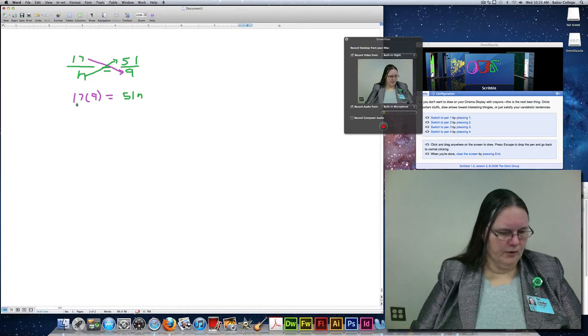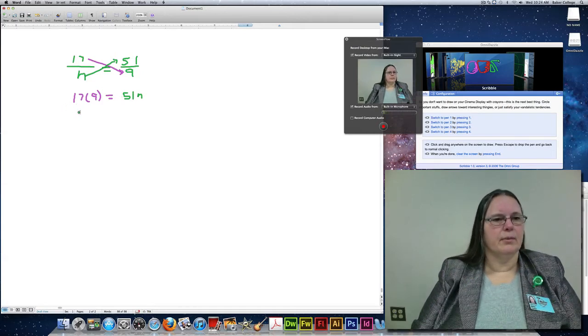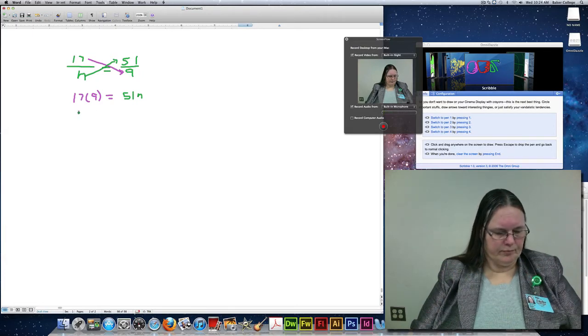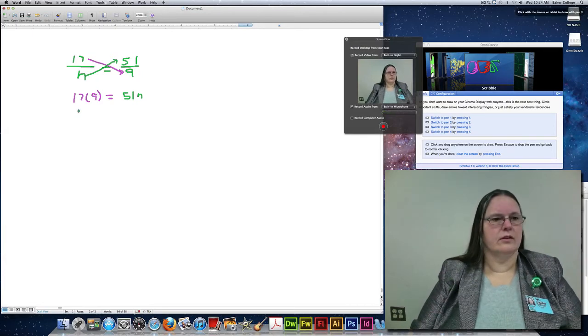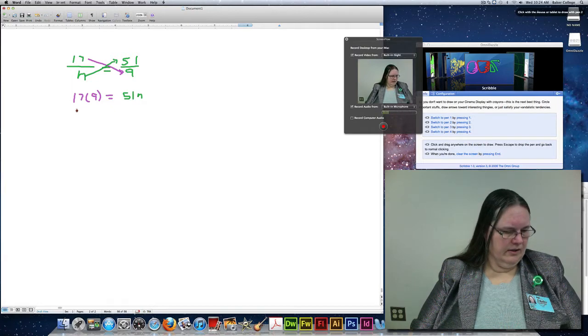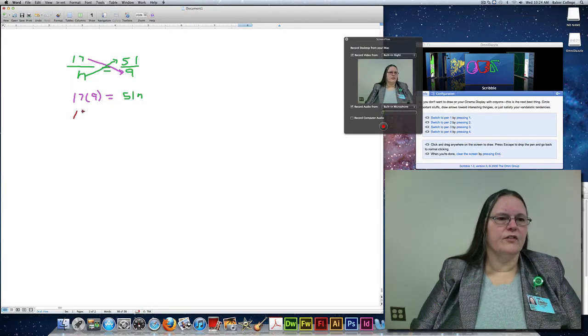So that's the proper form to write it right there. So when we multiply that, on this side we end up with 153 equals 51n.